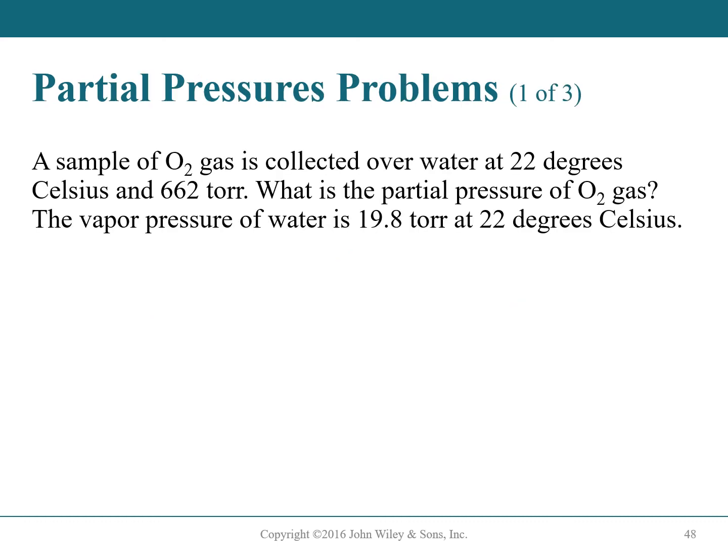All right, so let's do an example. When we collected oxygen gas over water at 22 degrees Celsius and 662 torr, that's my total pressure. How do I know this?